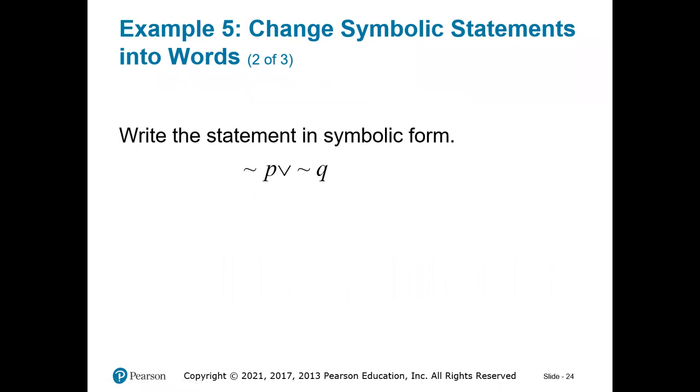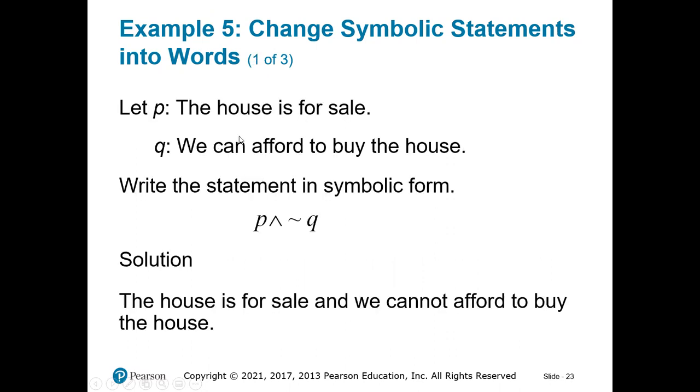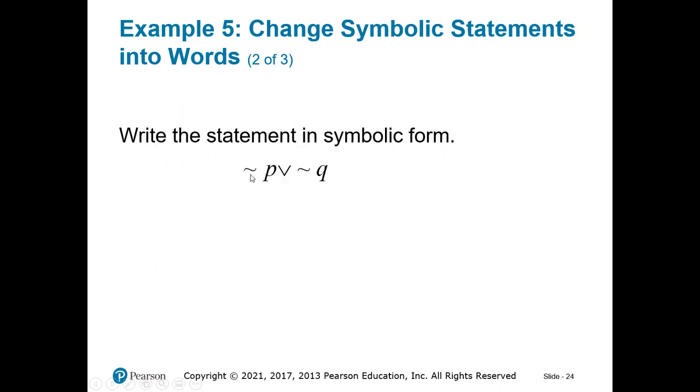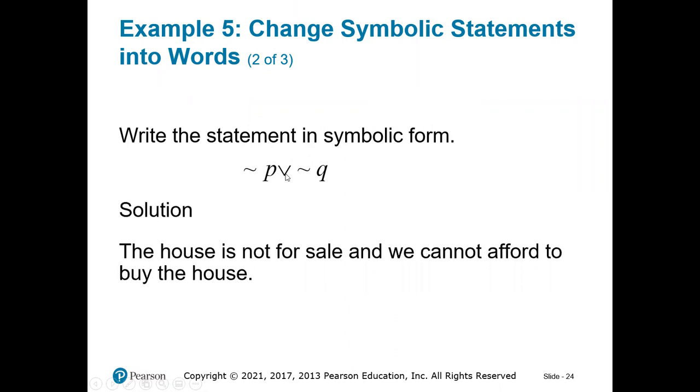How about this one here? Again, you have to go back and review what P and Q are. Here's P, the house is for sale, and Q, we can afford to buy the house. Here, the house is not for sale, or we cannot afford to buy the house. Well, there is a typo for sure in this slide. You see here, this is the or.